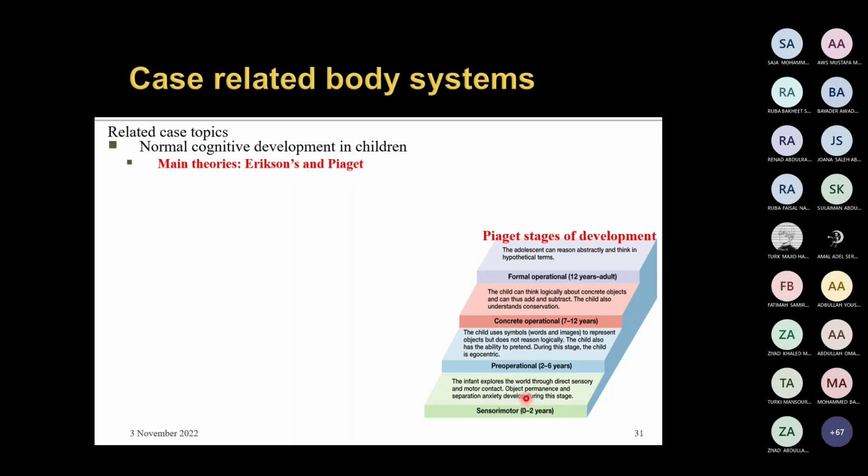In the first 2 years, the challenge is sensory. The challenge is that he can master, for example, suckling or oral feeding. And as he goes up, a person has to be subjected to certain challenges in order to develop certain cognitive abilities.